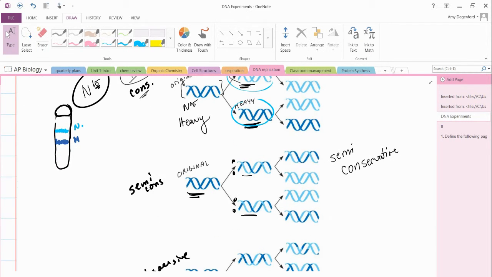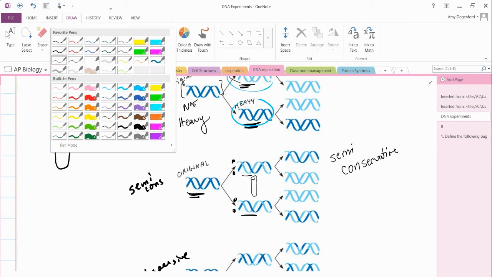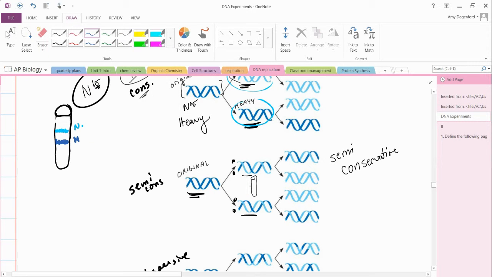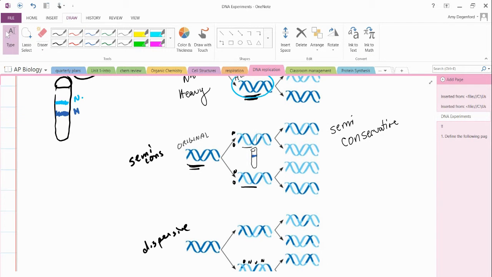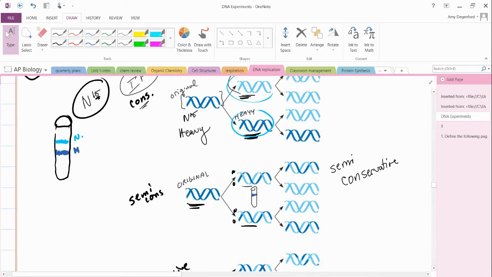However, in the semi-conservative model, in the test tube, if we just spun it, we would just see a mixture smack dab in the middle of where the light and heavy would be. We would just see one band after one round of replication.